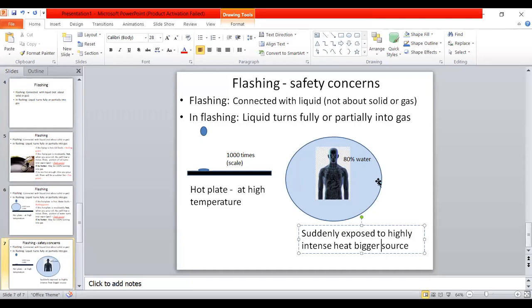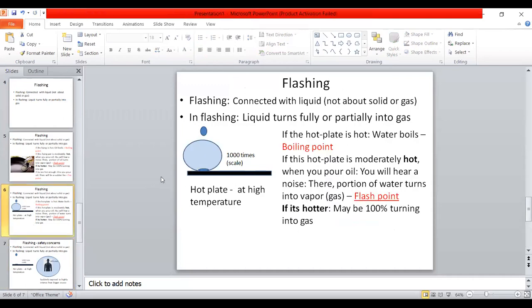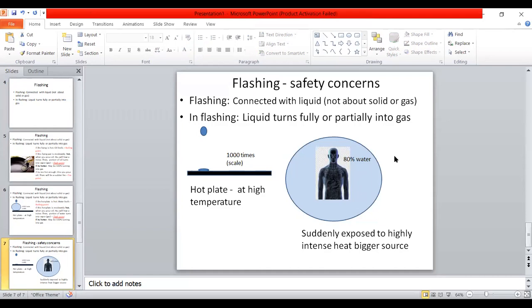What happens? This body is the same as this water, at least superficially.